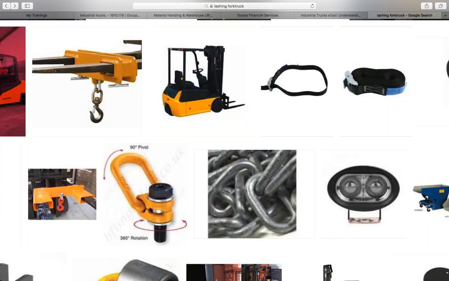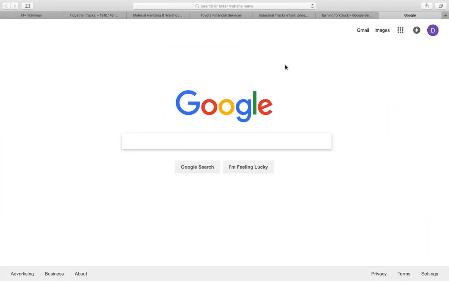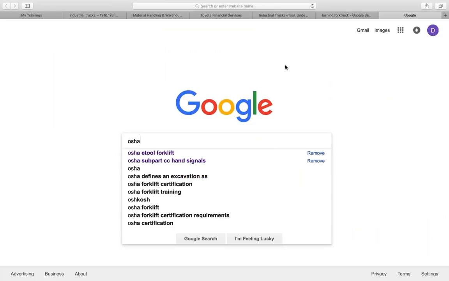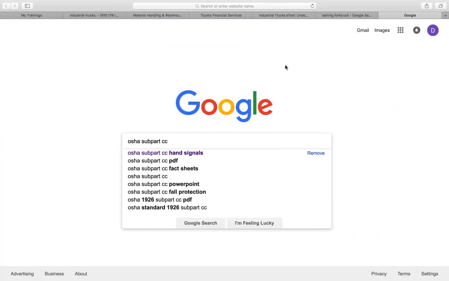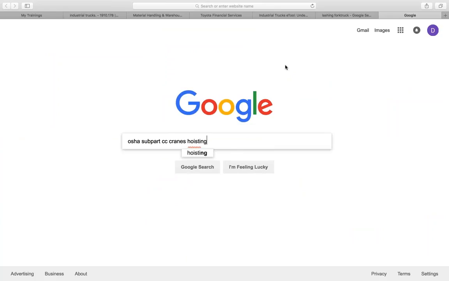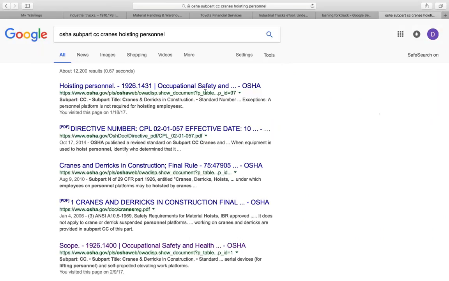Okay. What happens is that there is a publication out, and let me show you where it is. Okay, I'm going to show you where a couple of them are. Let's say OSHA subpart CC, cranes, right? Let's do hoisting personnel.